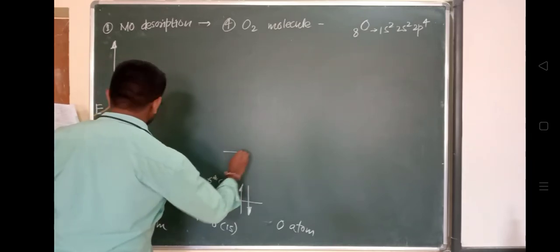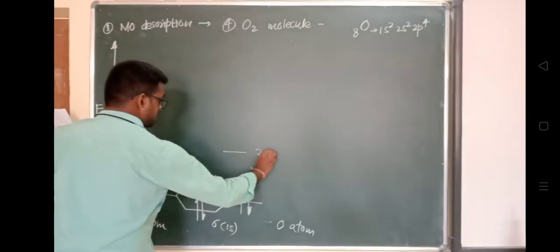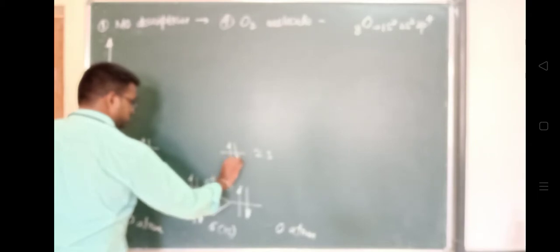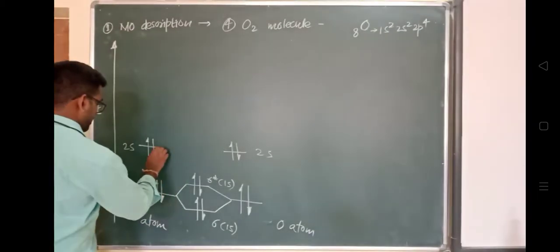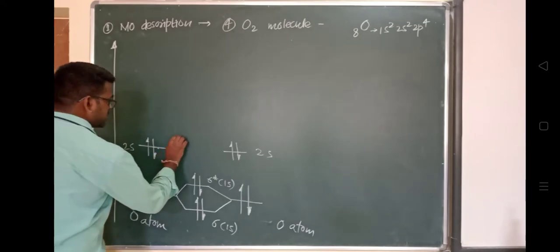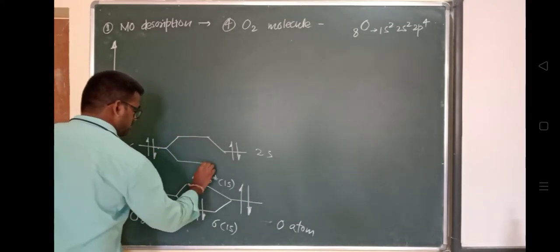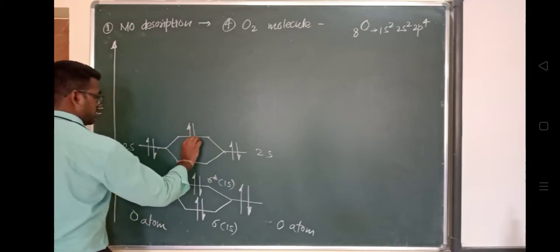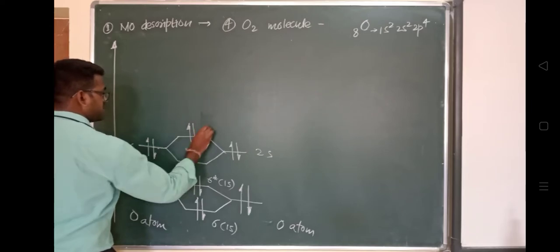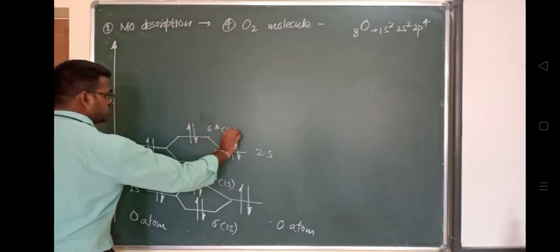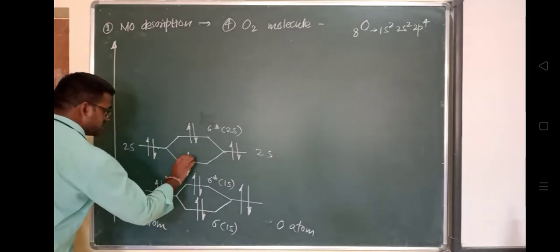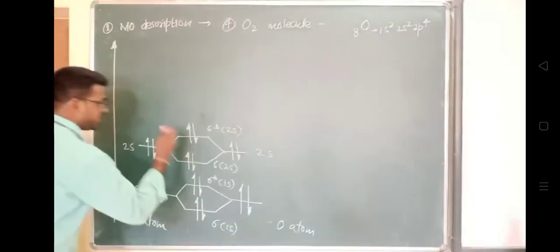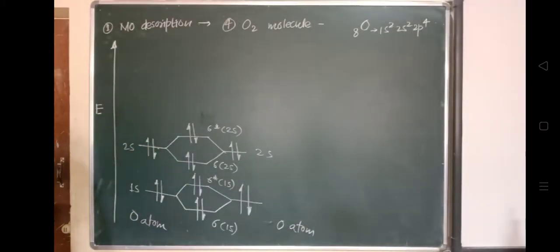Two electrons are present in each orbital. Now these will get combined and form the sigma 2s bonding molecular orbital, and this one is the sigma star 2s anti-bonding molecular orbital.